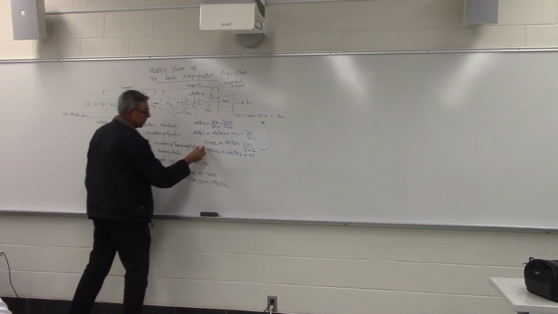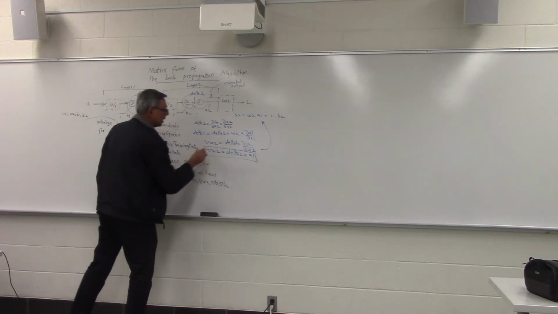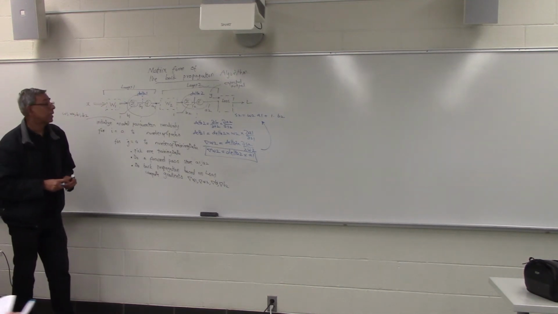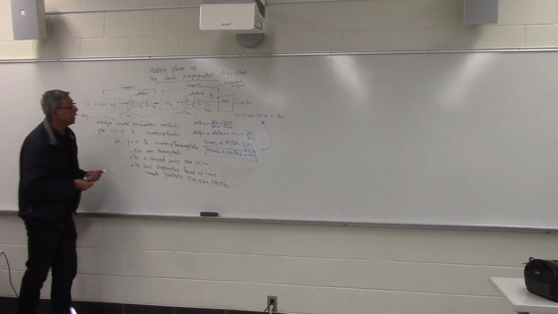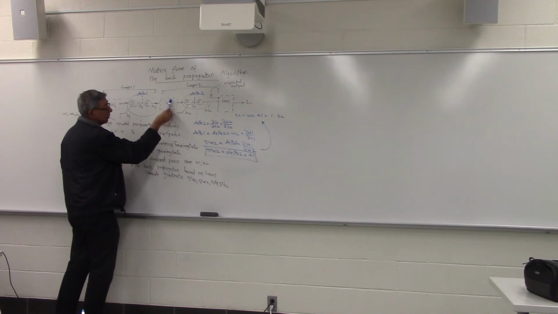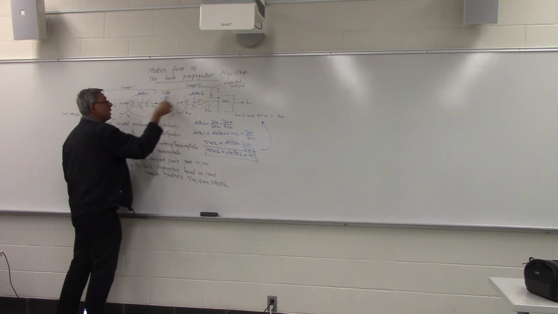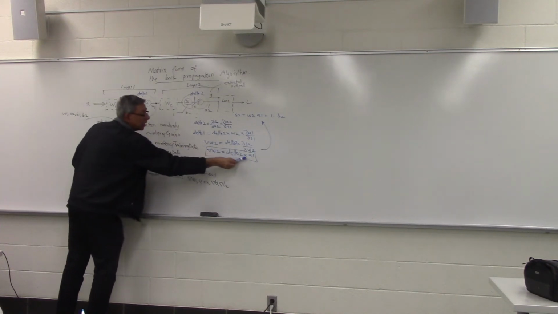As we tried to reason intuitively last time, the derivative with respect to the weights is whatever the delta here is times the previous input. The previous input over here is A1.